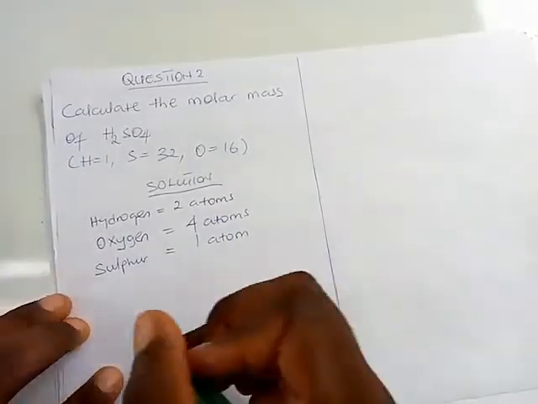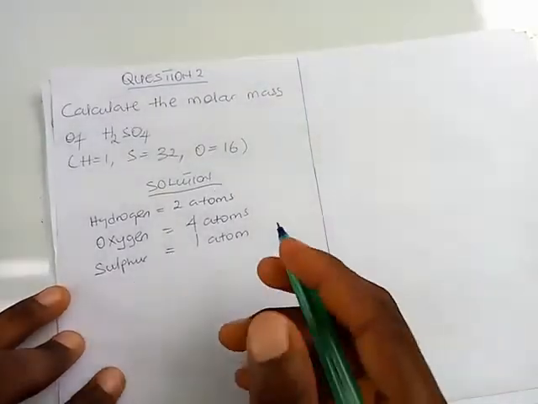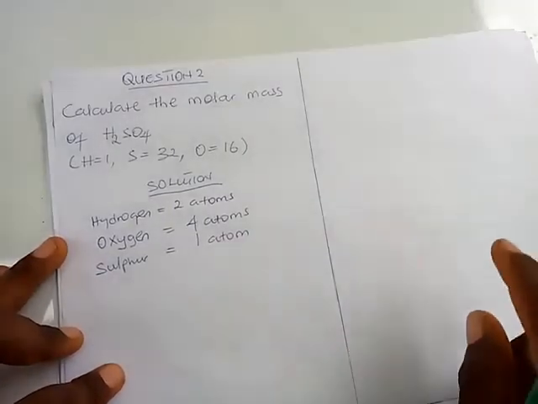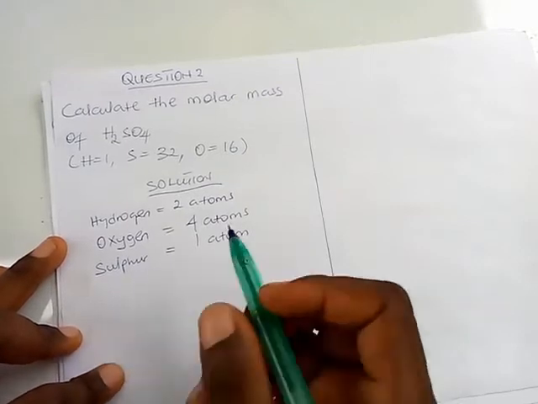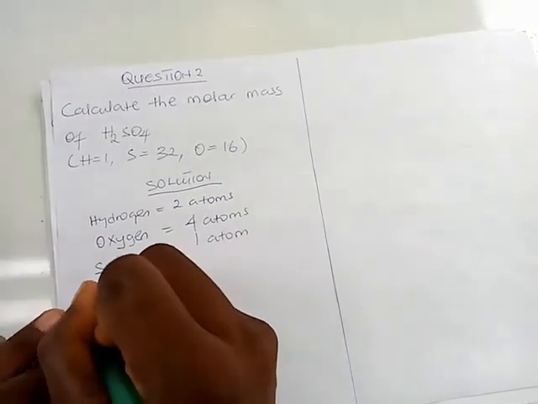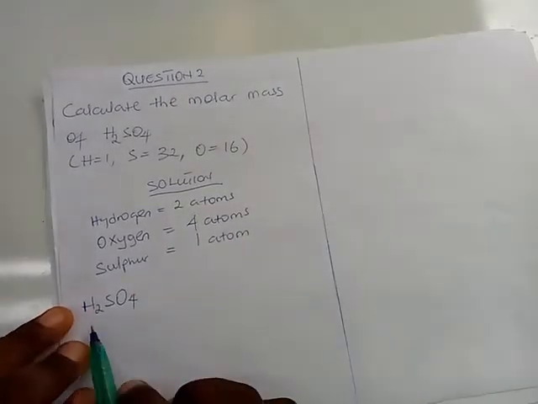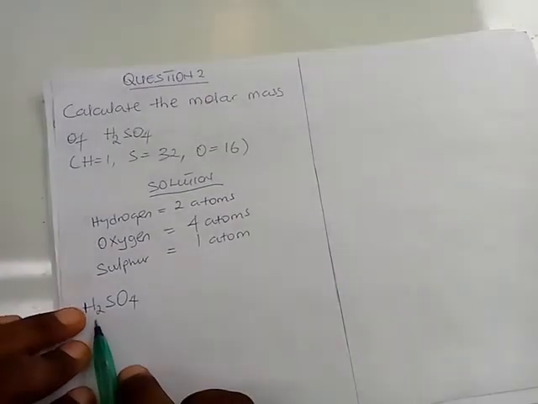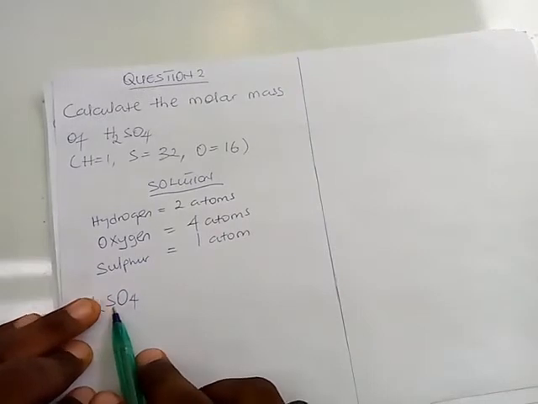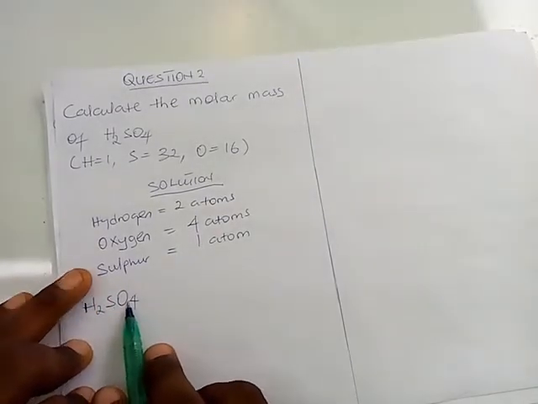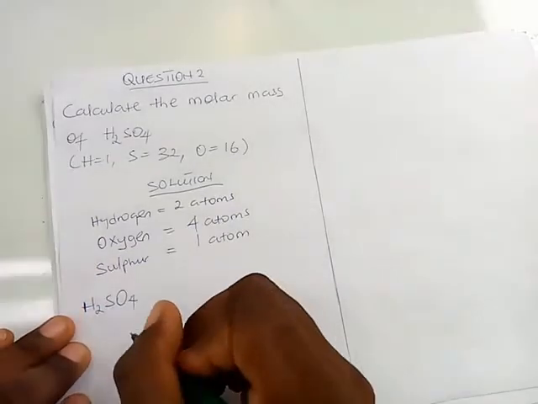So to obtain the molar mass of this, as the mass of 1 mole of these things, what do I have to say? And I'll write out the formula again. So mass of 2 atoms of hydrogen, mass of 1 atom of sulfur, and then the mass of 4 atoms of oxygen.